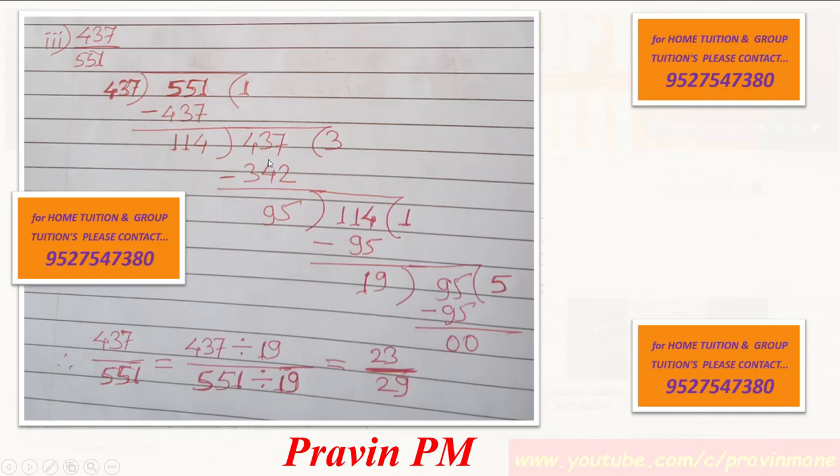Do the long division as explained in the earlier problem until you get remainder 0, and then divide the numerator and denominator by this number, for which the remainder becomes 0. So 437 divided by 19, 551 divided by 19, the answer will be 23 divided by 29.